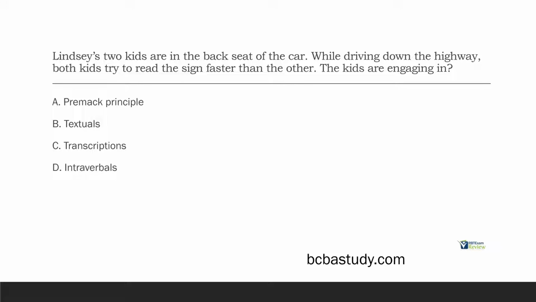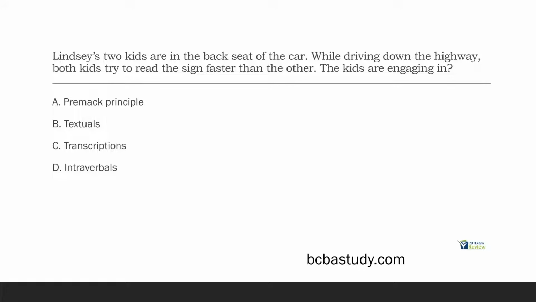B, textual. Is this a textual? A textual is essentially reading, evoked by a nonverbal SD, with point-to-point correspondence. Looks good, right? We're trying to read the signs, trying to say exactly what the signs say. What about transcriptions? Transcriptions also are evoked by a verbal SD with point-to-point correspondence, but with transcriptions, you're essentially writing notes. You're taking notes.